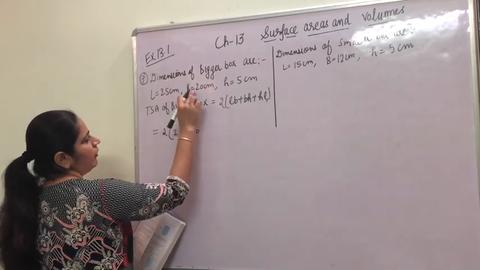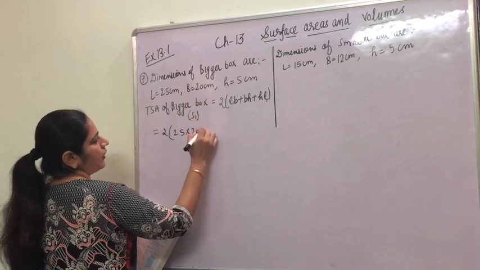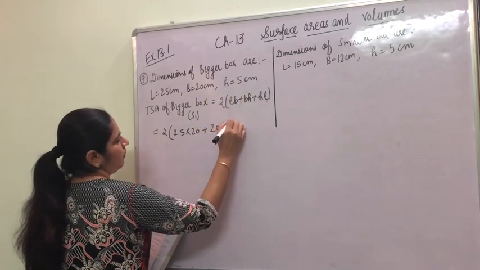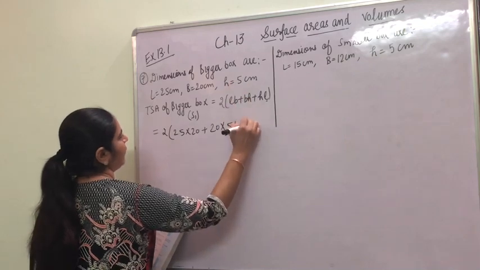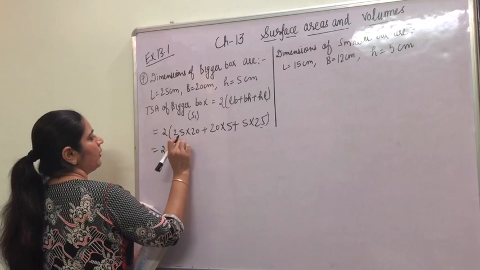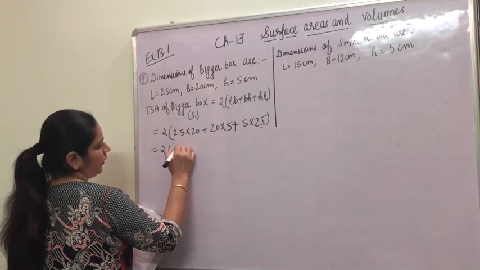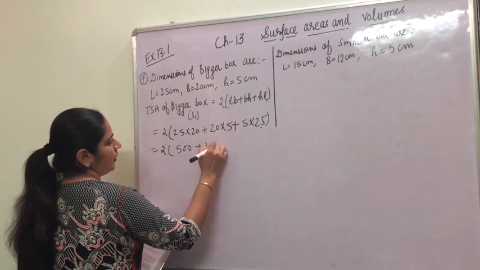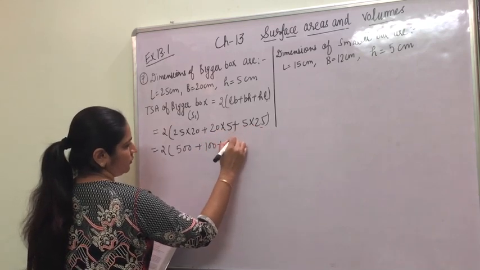L is 25 and B is 20, plus BH 20 into 5, plus HL 5 into 25. We are doing the calculation work now. 25 into 20 is 500. 20 into 5 is 100. 5 into 25 is 125.